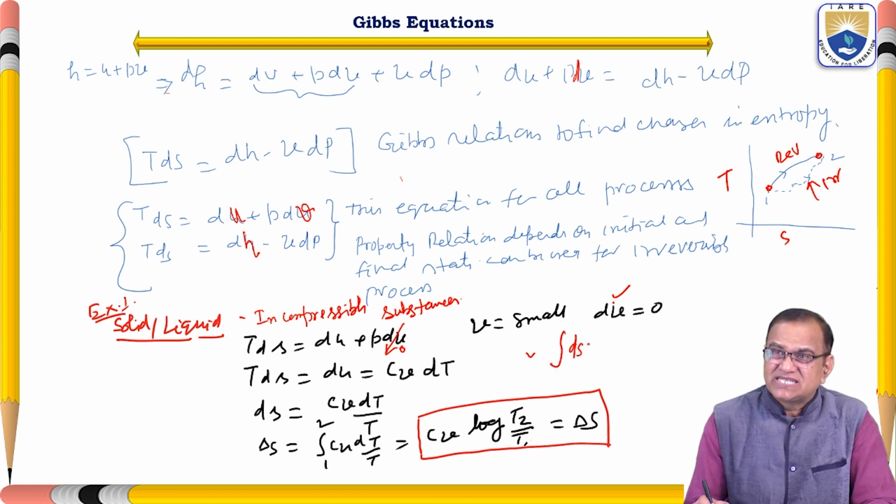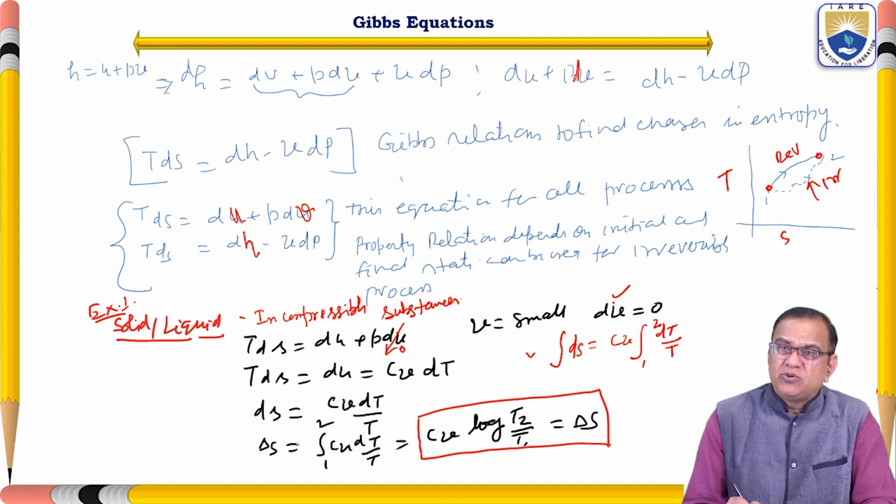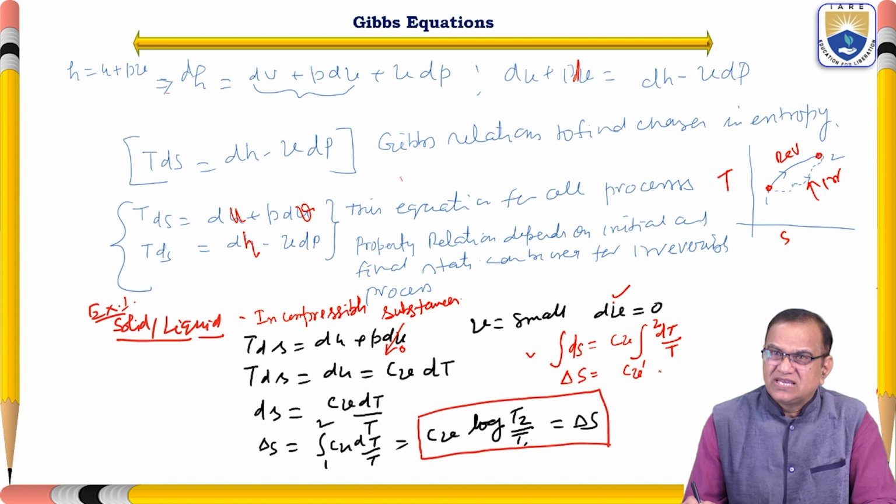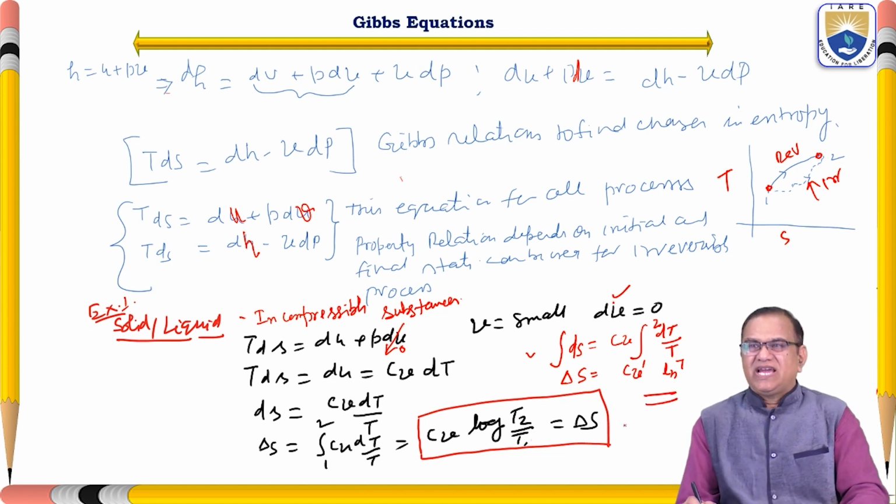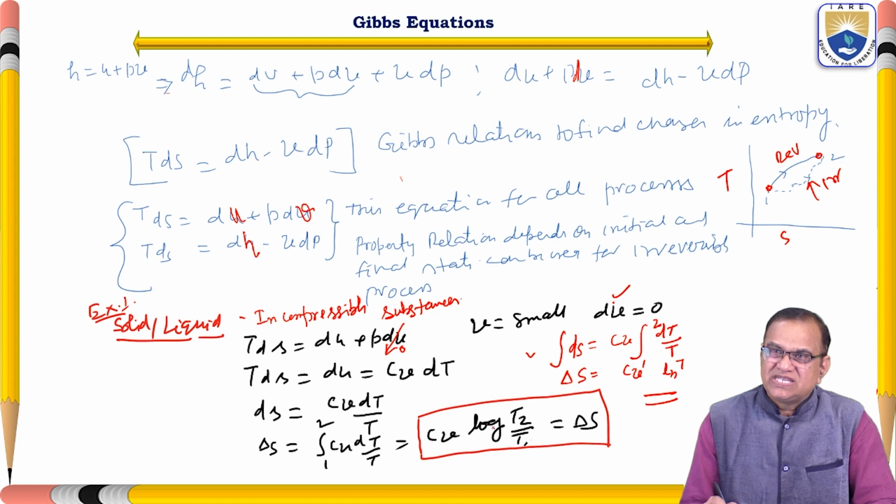Integration of dS is equal to Cv, which is constant, from 1 to 2 of dT by T. If you integrate, you will get delta S is equal to Cv ln T2 by T1.